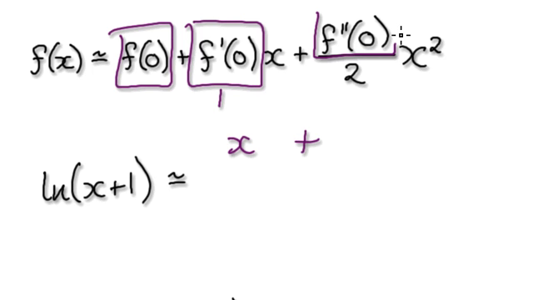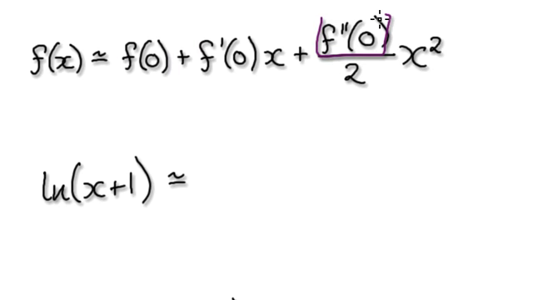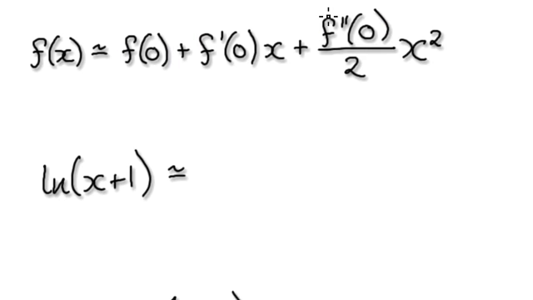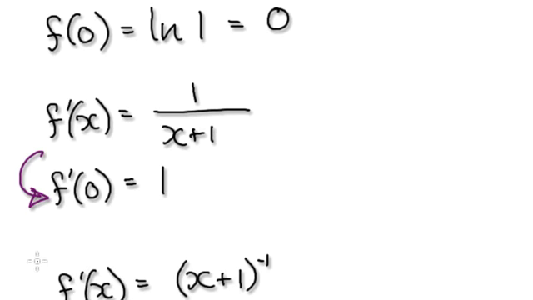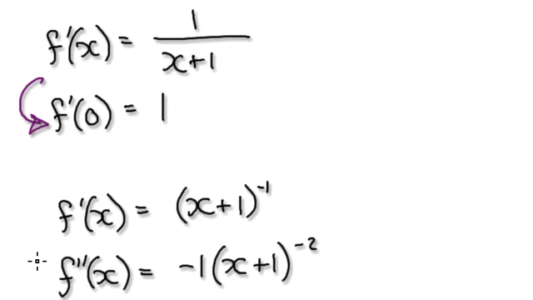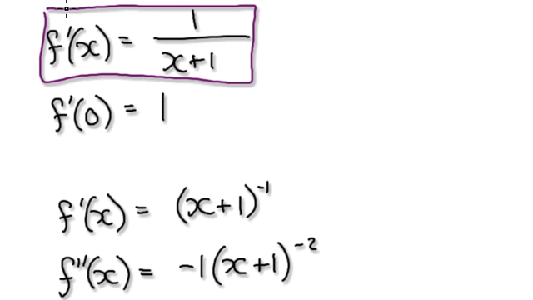Just concentrate on finding the second derivative. Later on, we can divide it by 2. So our next aim is to work out the second derivative. Remember that this is our first derivative, and we now need to work out the second derivative.